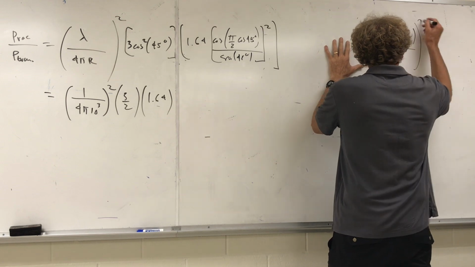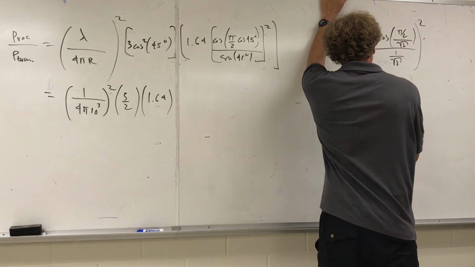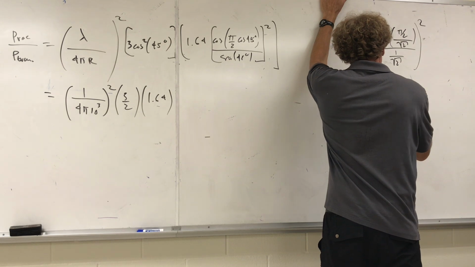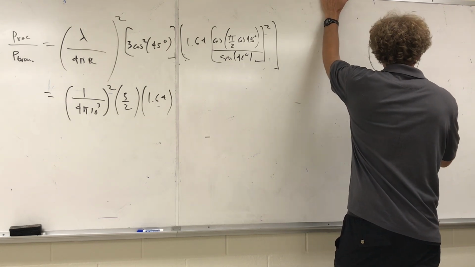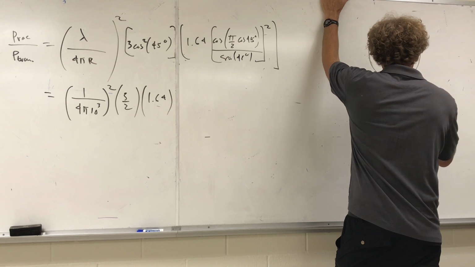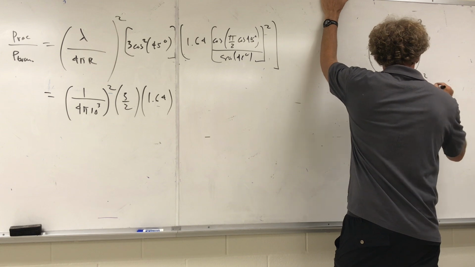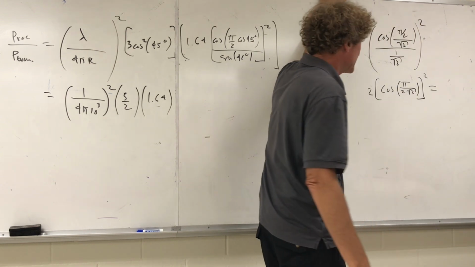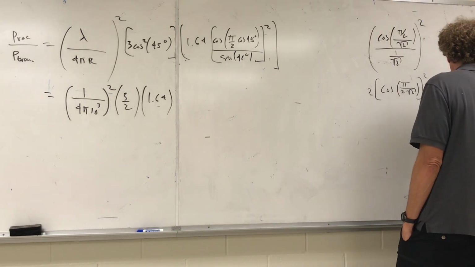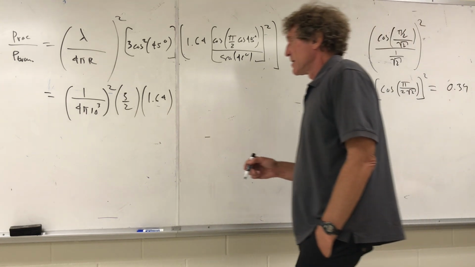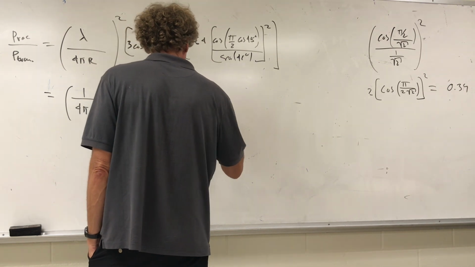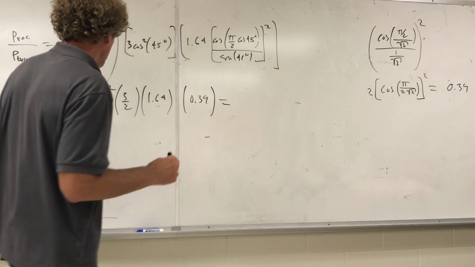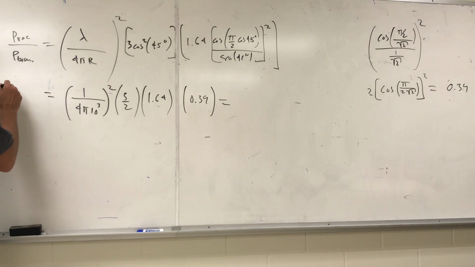But I have to square it. So here I'm going to get 2 times quantity cosine of pi over 2 square root of 2. It has to be in radians, squared. So can you tell me what that angular function is? 0.39. Okay. Now, come down here, 0.39, and I'm assuming you guys are following. So what is this ratio of P received to P transmit?